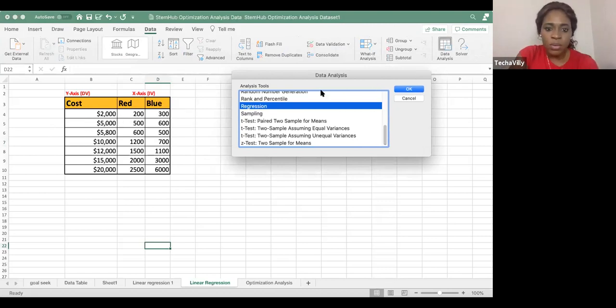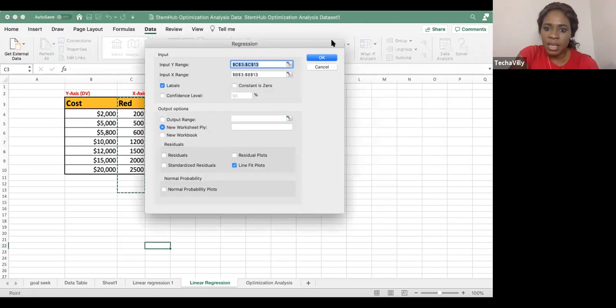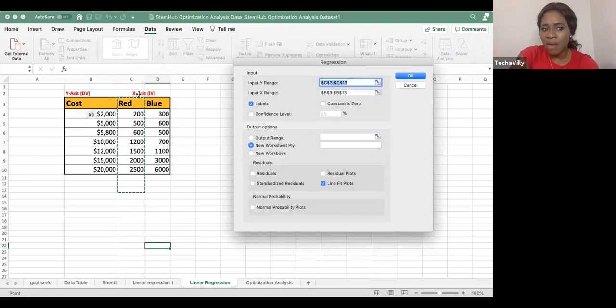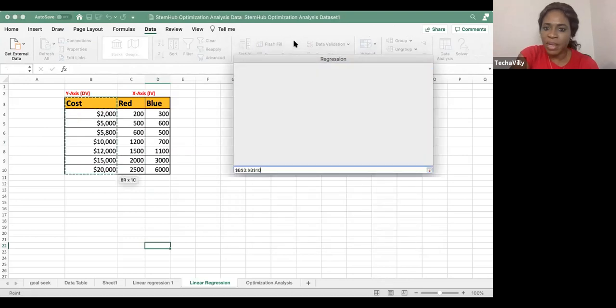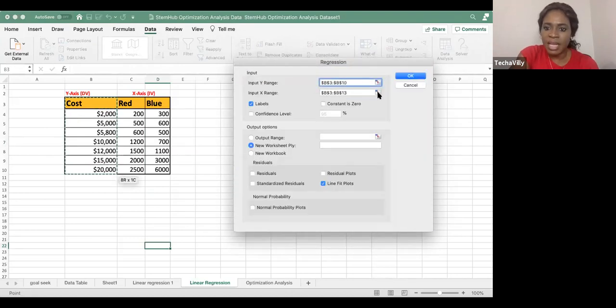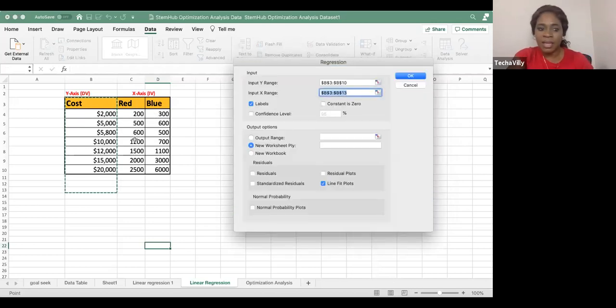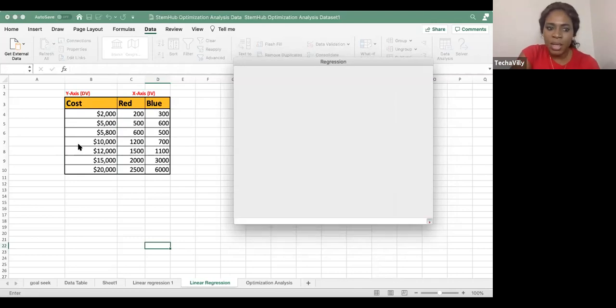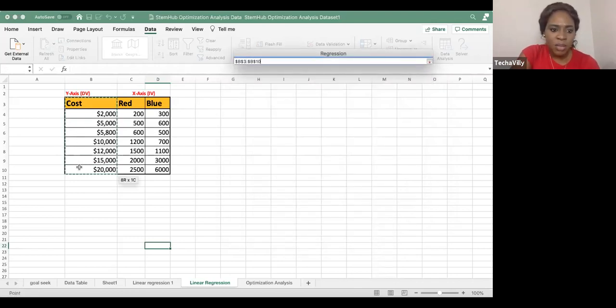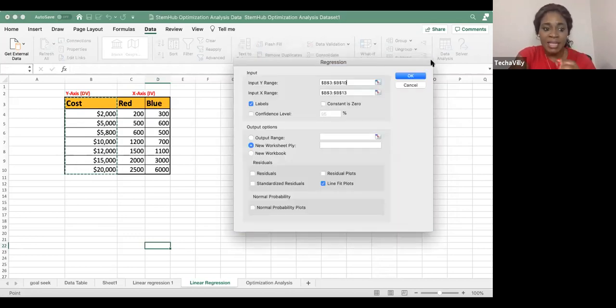So we go to regression, click on that, and our dependent variable always is the y-axis. So we're going to pick the cost for the dependent variable. Make sure you highlight only the cells that have the data. If you highlight cells that do not have data, you're going to get an error.